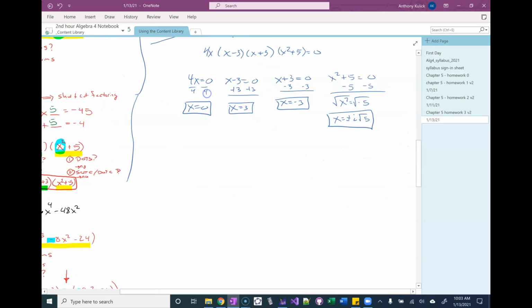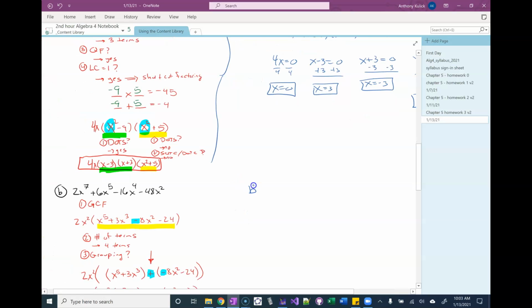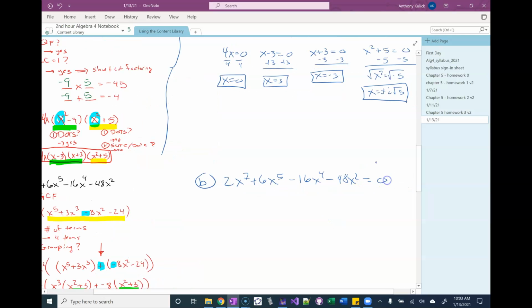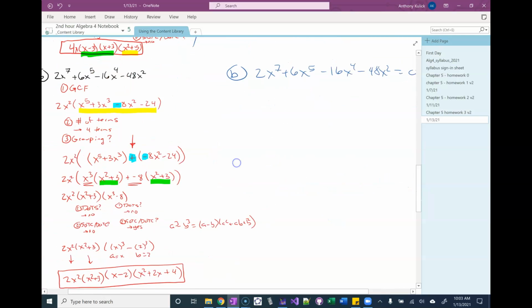Okay, let's look at the next one here. So again, I'm just taking that previous problem. I'm going to steal its factoring work.